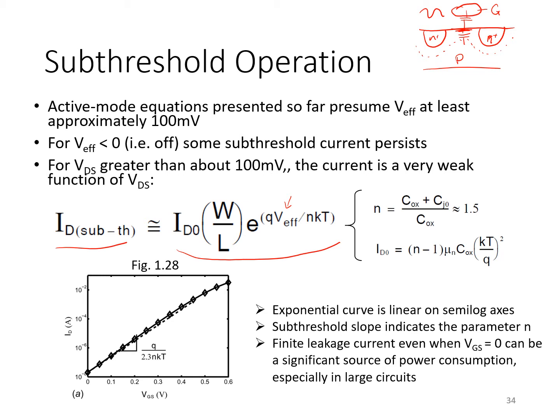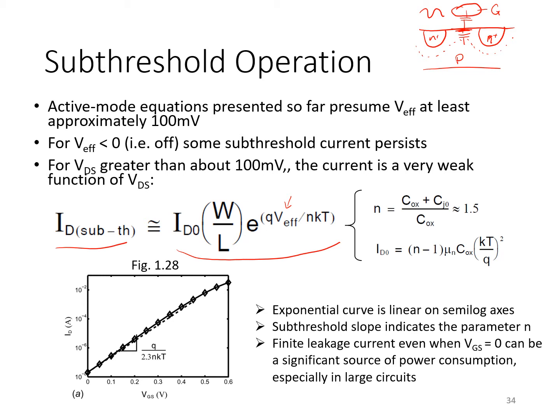But you can do an experiment and measure subthreshold current and plot it on a semi-log scale as shown in the bottom left here. The experiment can be done in a lab or it can be done in simulation. The slope of that line that you get for values of VGS around and below the threshold voltage will allow you to infer that parameter n.